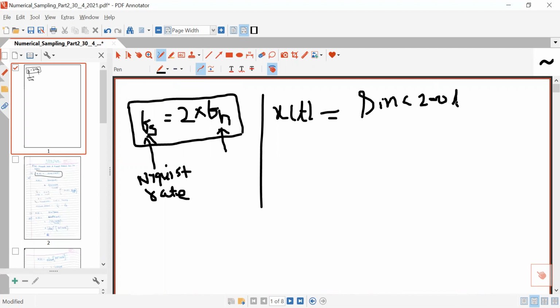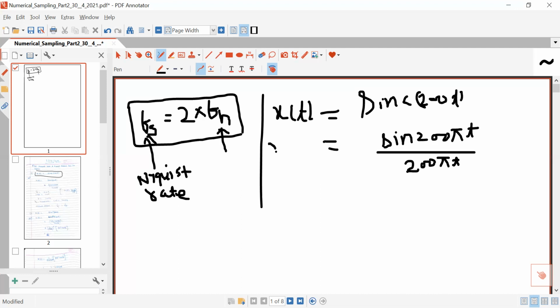In the previous video, I discussed the Sinc signal. Basically, Sinc 200t means sine 200 pi t divided by 200 pi t; you just have to introduce pi here. This is the meaning of Sinc 200t.